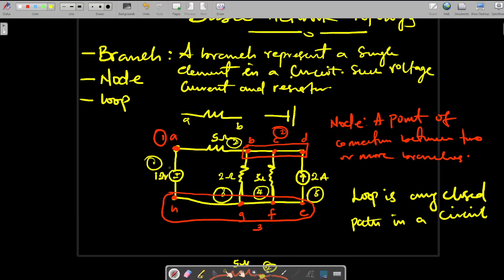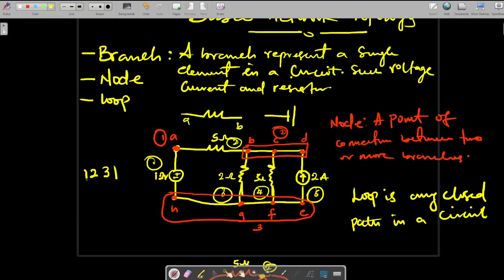Let's take for instance that you start moving from this node A. If you start moving from node A, which I call 1, and you move down to 2, and then you move down to 3, and come back to 1. That is, you have 1, 2, 3, 1.